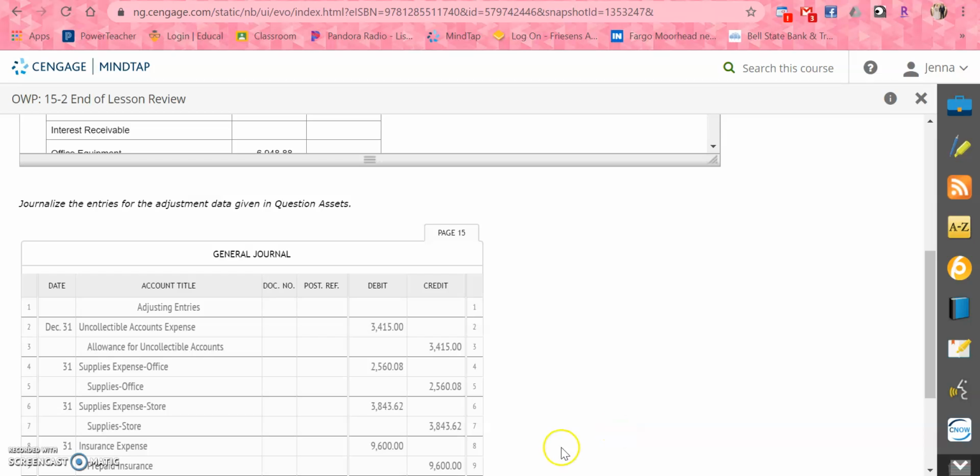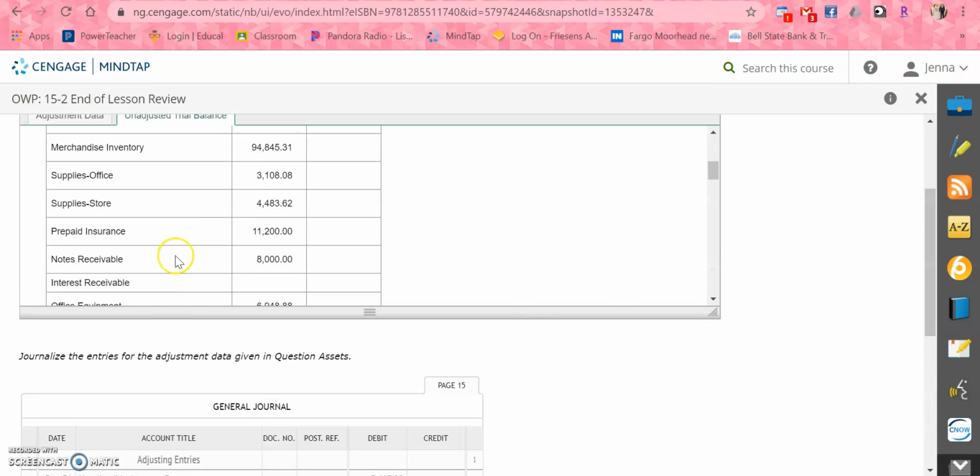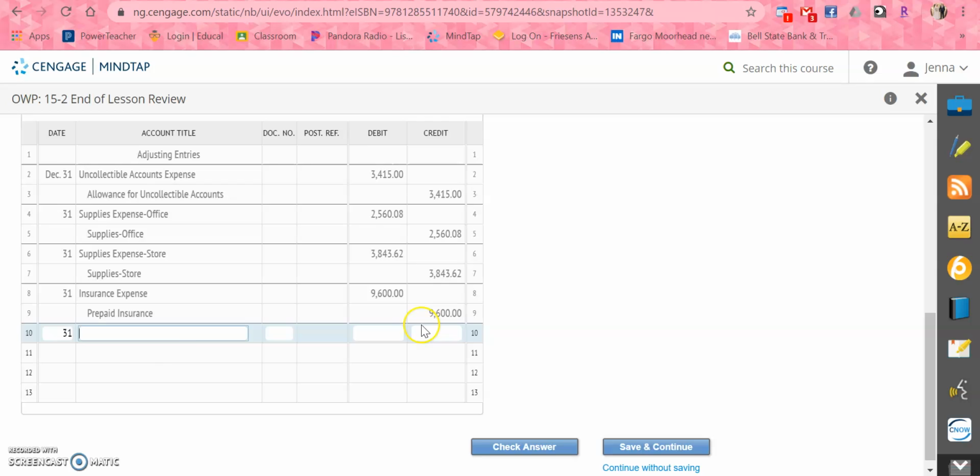So I'm going to go into my general journal. I already have a bunch of adjusting entries in there. I'm adding on there, so the 31st. Now I said that I need to increase this number, and to increase that number I need to debit merchandise inventory. So I'm going to debit merchandise inventory for the difference, which was $1,625.94.